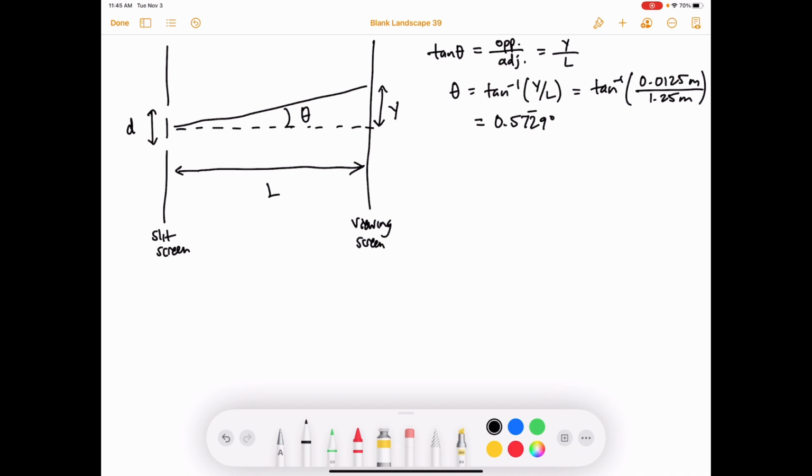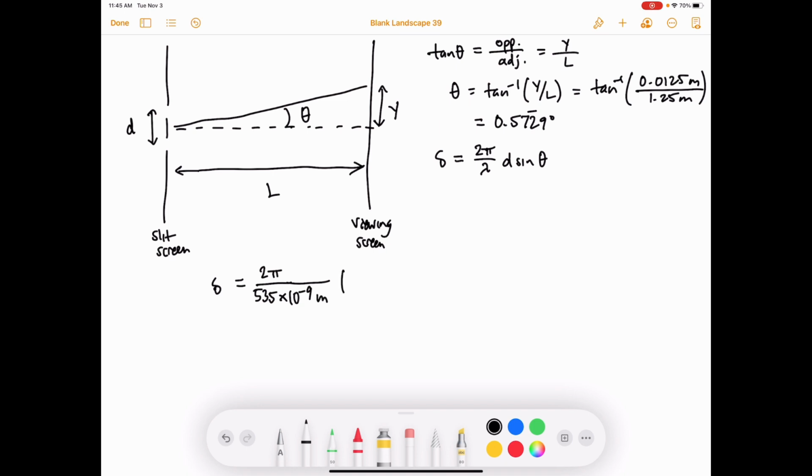Okay, so that's useful because we can then calculate delta. Remember, delta is 2 pi divided by lambda times d sine theta. So if we calculate delta, let's do that down here. Delta is going to be 2 pi divided by lambda, which is 535 nanometers, or 535 times 10 to the minus 9 meters.